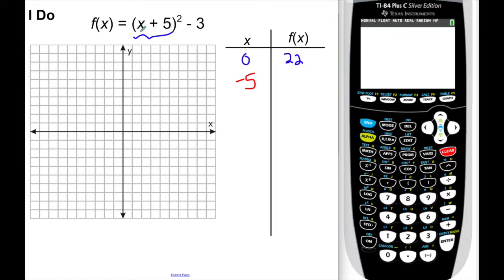Well, if I choose -5, then I get -5 plus 5, and that's 0. When I square 0, I get 0, and when I subtract 3, I get -3. Remember, whatever comes out of here, because it's being squared, is always going to be either 0 or a positive number.